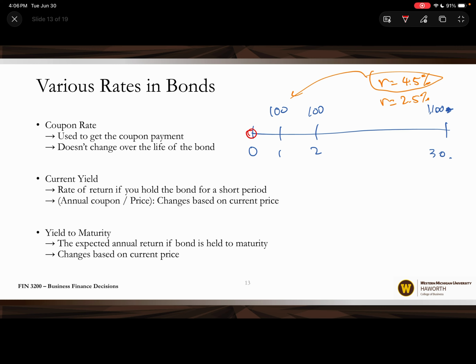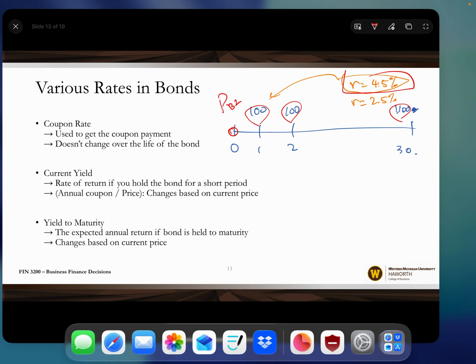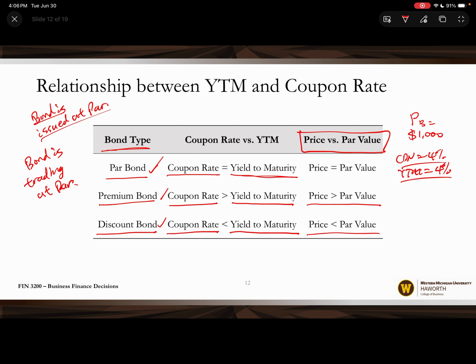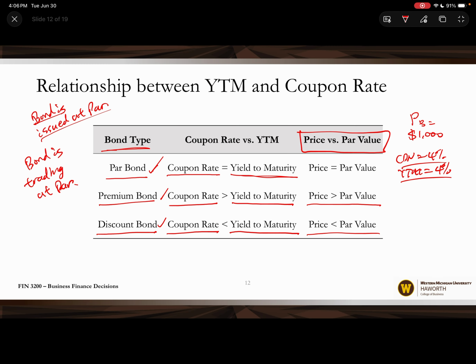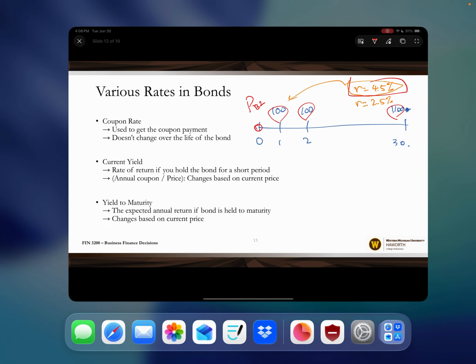We just learned about bond pricing, so keeping all these components the same, if you use a different R, obviously PB will also change, right? Bond price is inversely related to yield to maturity. As R goes up, price comes down, right? Inversely related. So let's look and see if that's what actually happened.